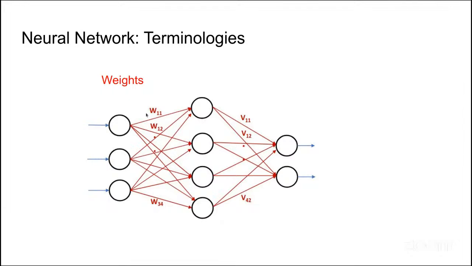So x times W11 is the value that it will pass to this node, right? If the weight is 0, then x times W11 is equal to 0, and it passes 0. Make sense? So even though you have all the connections there, if the weight becomes 0, that means that connection is not active. Make sense?